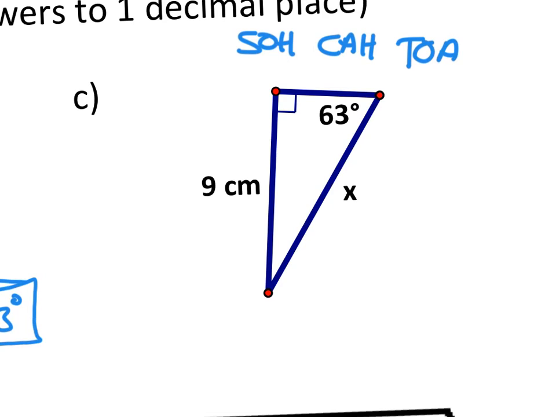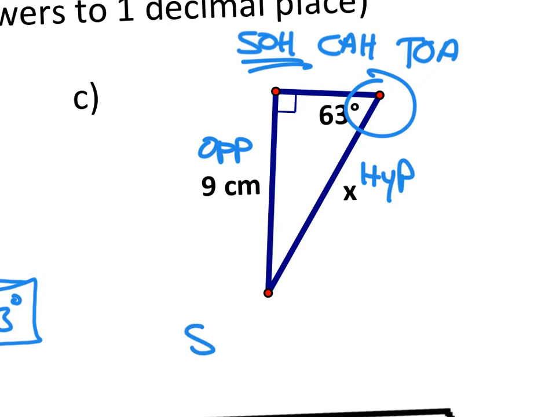Another example of SOHCAHTOA here. So here's our reference angle 63. Opposite of that angle and the hypotenuse. So it looks like this problem's using sine. So we're using sine of 63 is 9 over x.